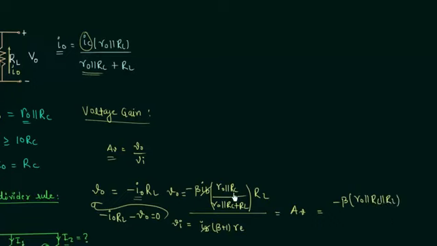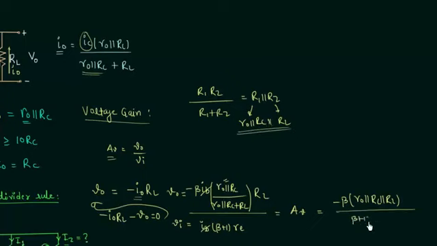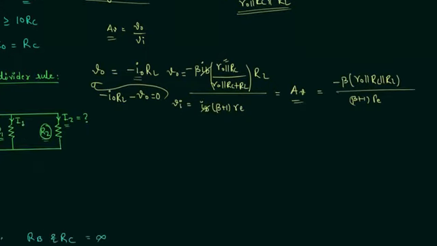You can see RO parallel RC is multiplied with resistance RL, and then in denominator we have RO parallel RC plus RL, and we already know R1 R2 divided by R1 plus R2 is equal to R1 parallel R2. R1 is RO parallel RC in this case, and R2 is the load resistance. So they are connected in parallel, divided by beta plus 1 RE. So this is the final expression of the voltage gain, and now we will perform few simplifications.